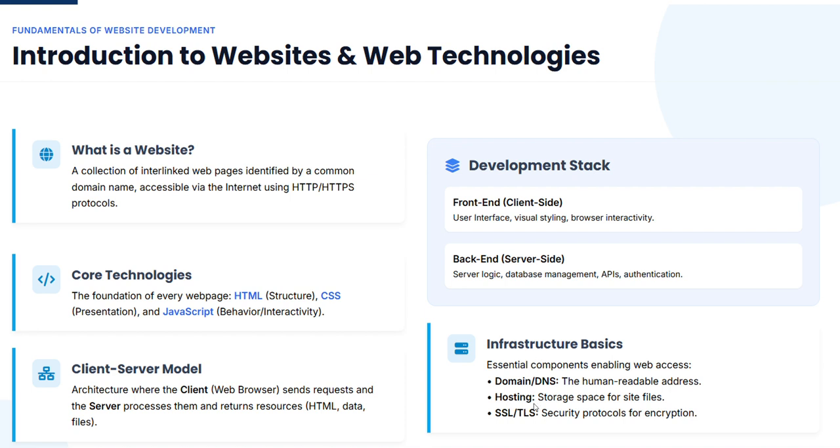The server hosts the website, so there is certain storage space that's needed for the server. And while we do all this, there are certain security protocols which are needed for encryption, so that our data is not tampered with. So here we have certain security protocols that are being followed while all this transmission takes place.